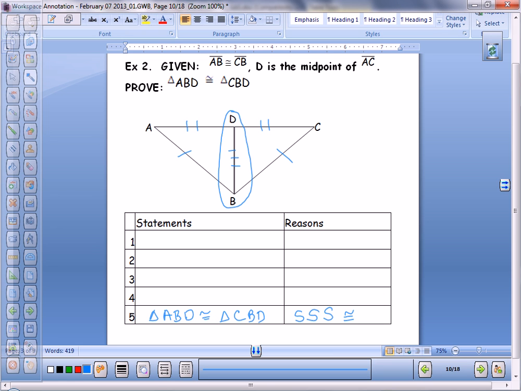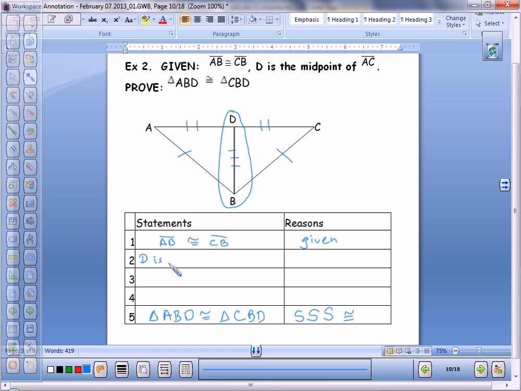To prove why we know it's true, we always start with what we're given. So the first thing we were given is AB is congruent to CB. That was just given to us. And then the other thing we were given was D is the midpoint of AC.